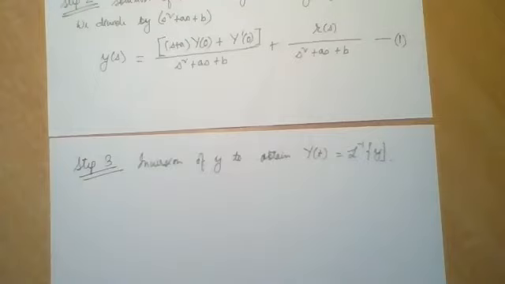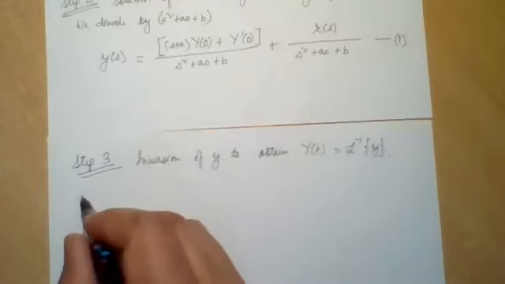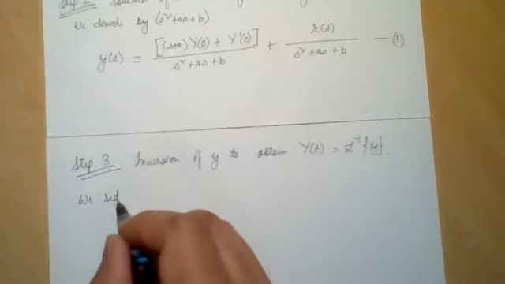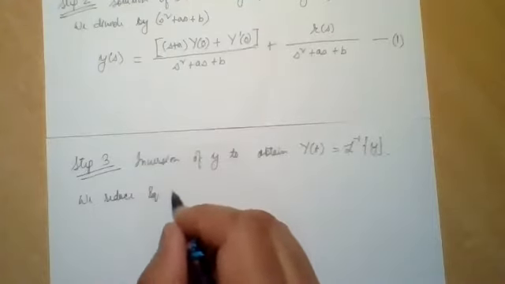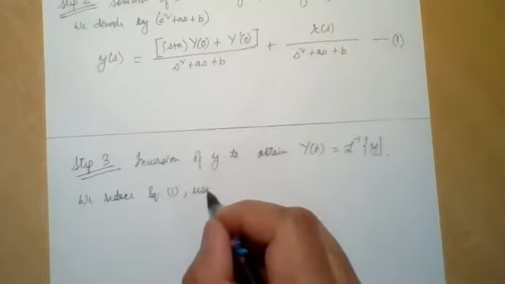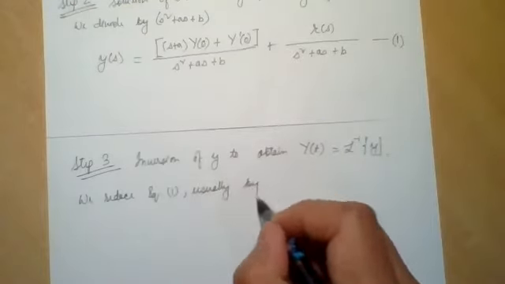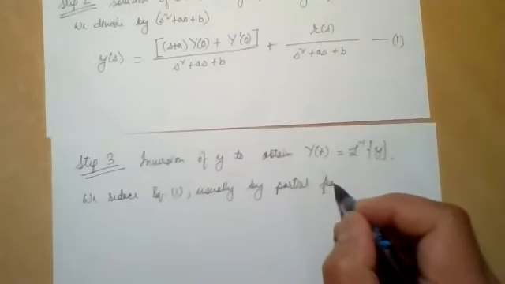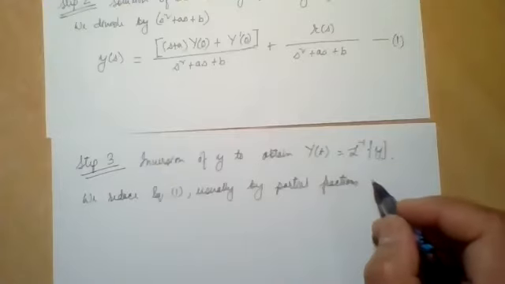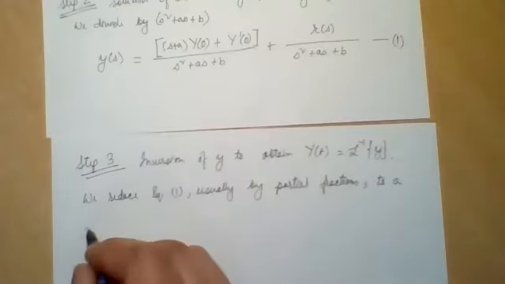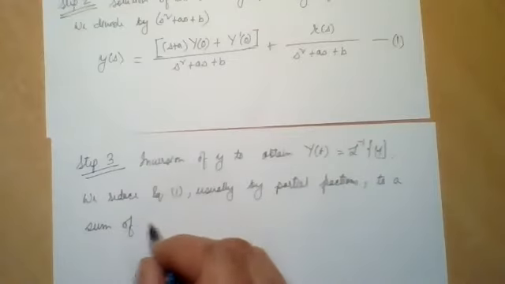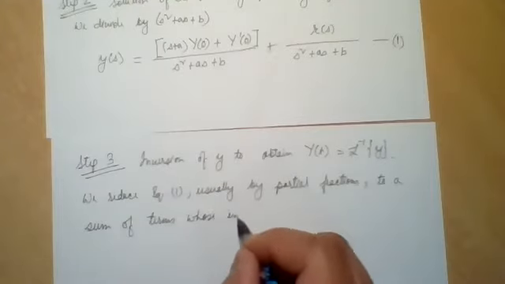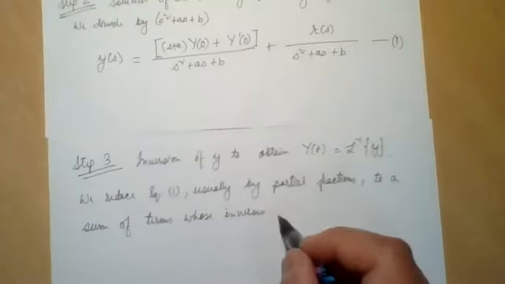Fine. So we reduce equation 1 usually by partial fractions to a sum of terms whose inverses can be found.